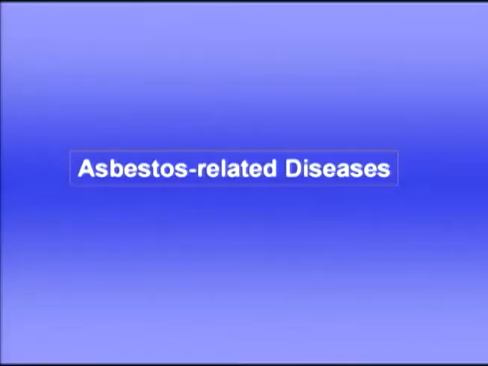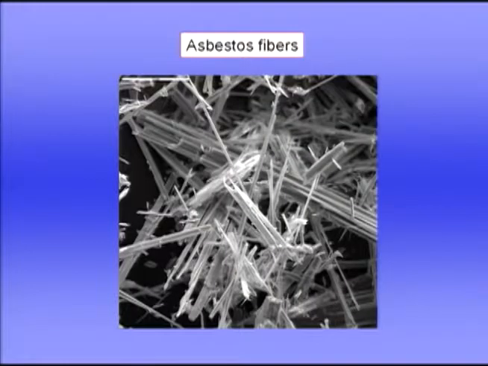Now let's turn to asbestos-related diseases, and these have been in the news recently, and actually for a number of years. Up until, I don't know, 50 years ago, people used asbestos extensively, but more recently it's been realized that it's a highly dangerous substance. Here's a beautiful scanning electron micrograph, isn't it, of asbestos fibers.